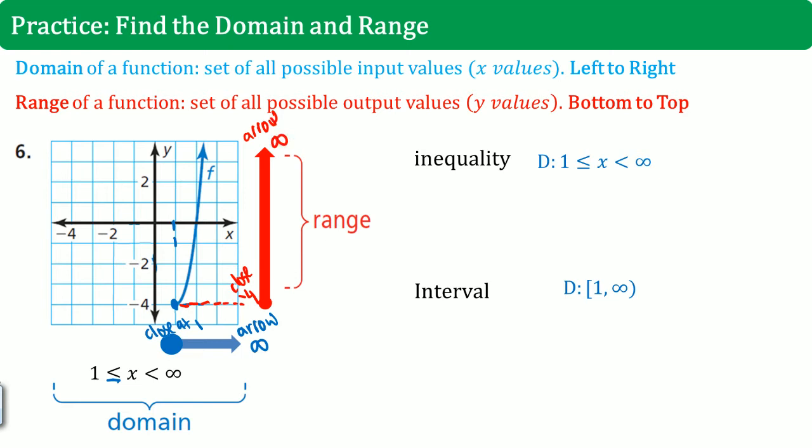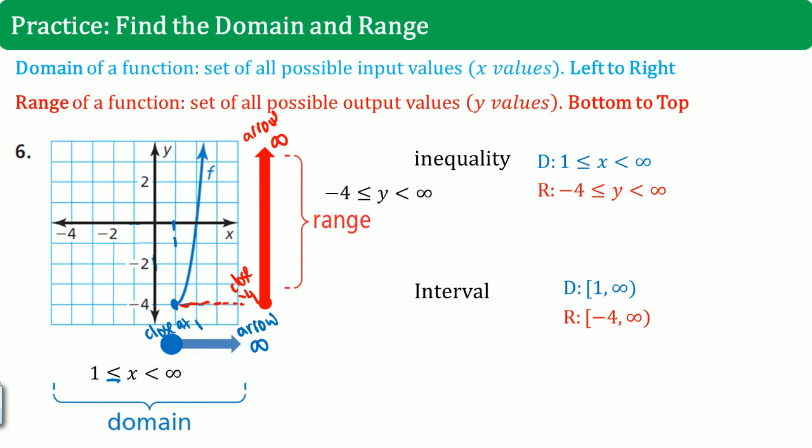So the range: -4 is less than or equal to y, and y is less than infinity. Notice it is closed at -4, and it is open at infinity. So if it's closed at -4, it's a closed bracket at -4, and it is an open parenthesis at infinity. That is all your domain and range.